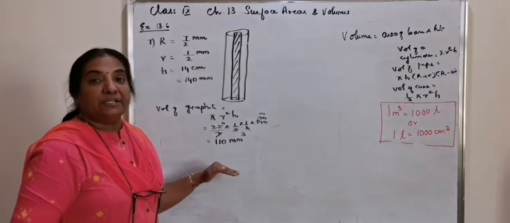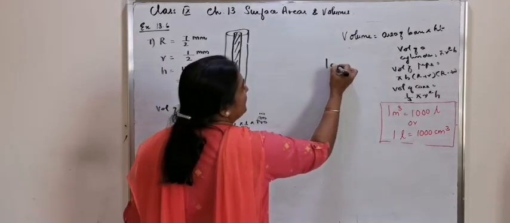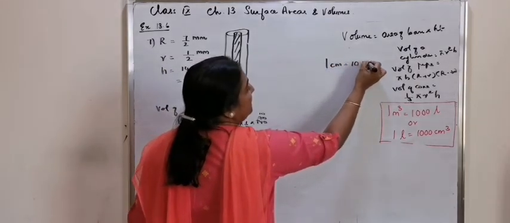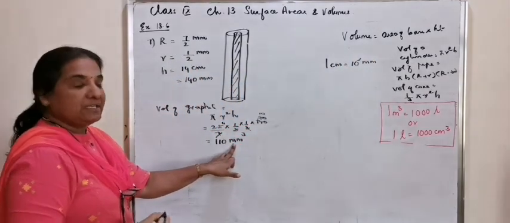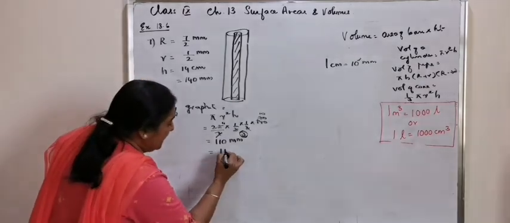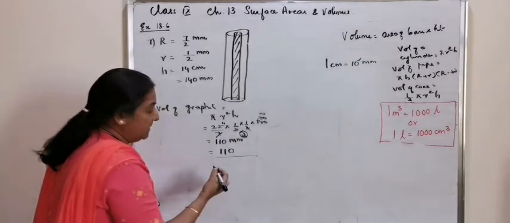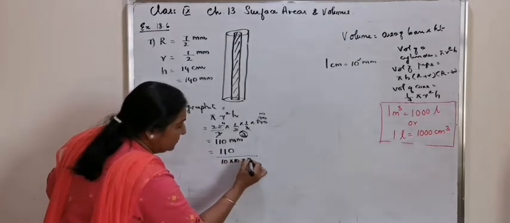How do you convert into centimeter? Centimeter cube: 1 centimeter is 10 millimeter. That means if you want to convert into centimeter cube, based on the dimension here, 110 divided by, it is volume, so 10 into 10 into 10.